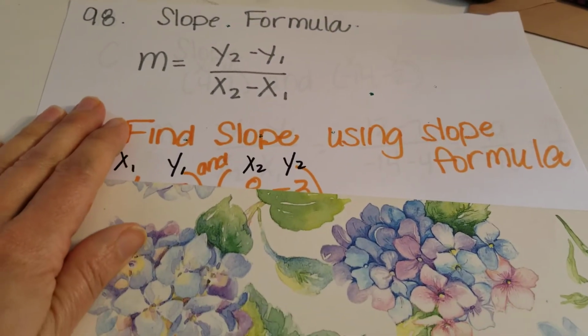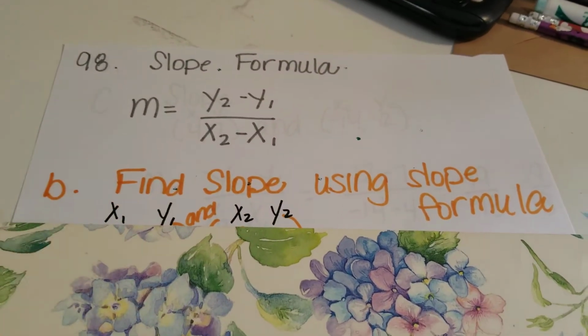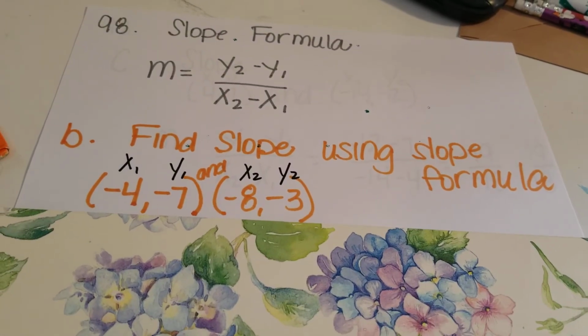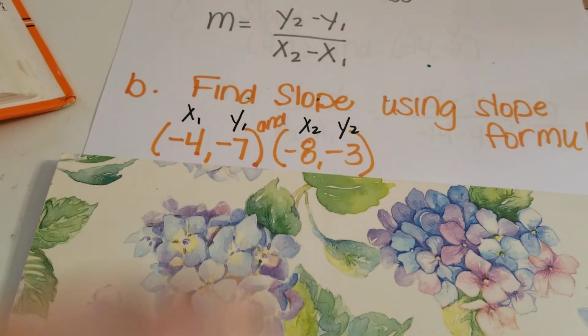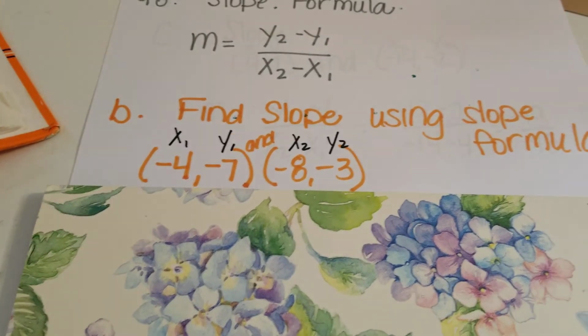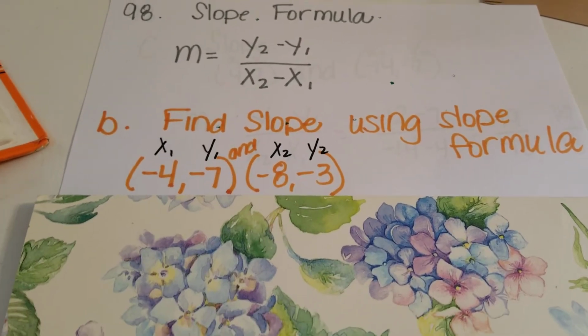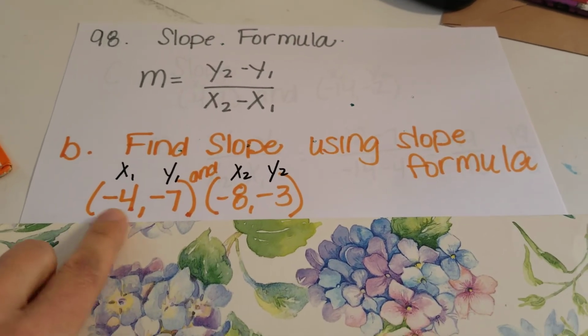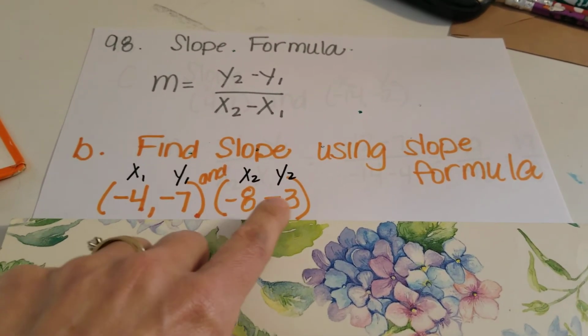In your example B, in your practice, it says find the slope using the slope formula. The orange ordered pairs here are the 2 points. So we find the slope between those 2 points using the slope formula. We have (-4, -7) and (-8, -3).